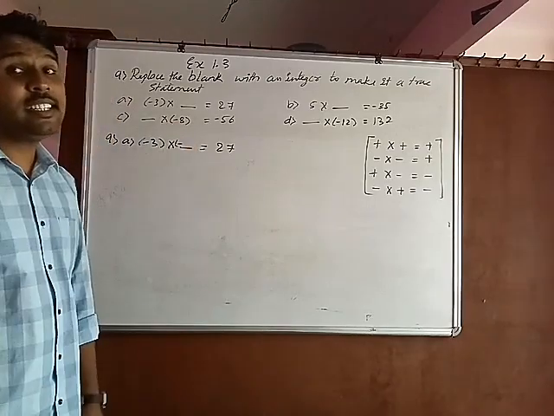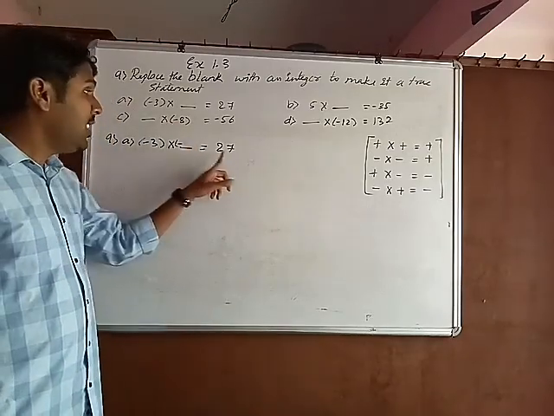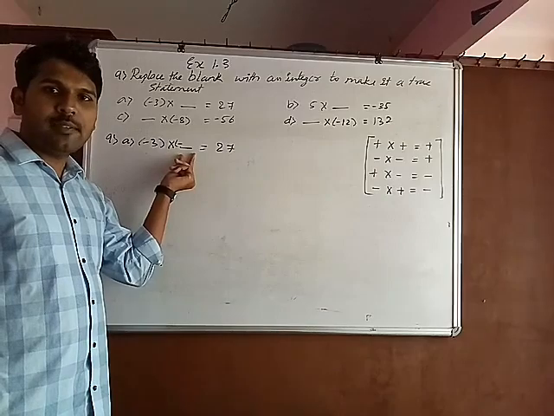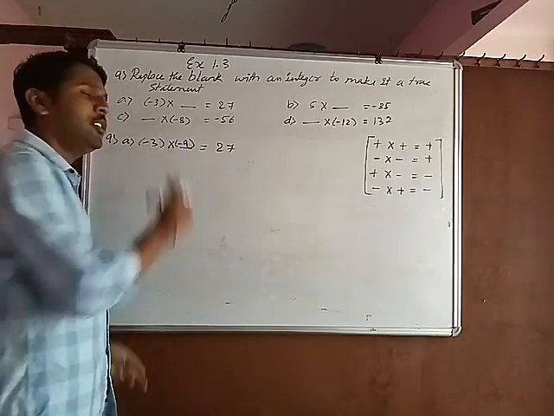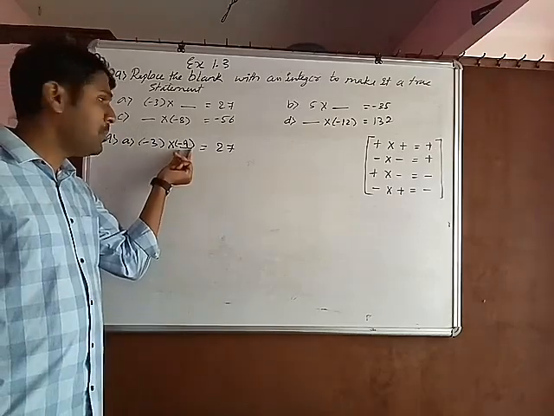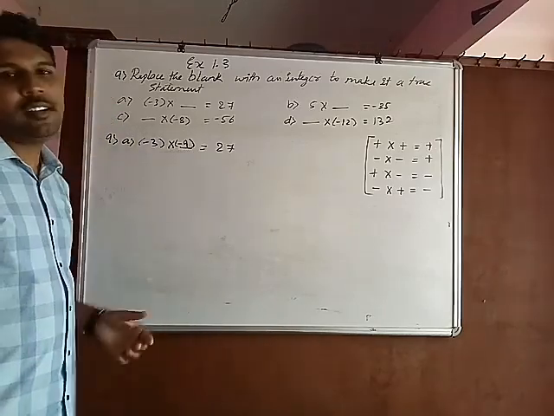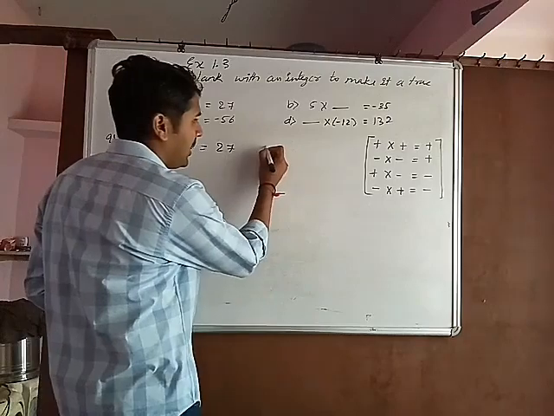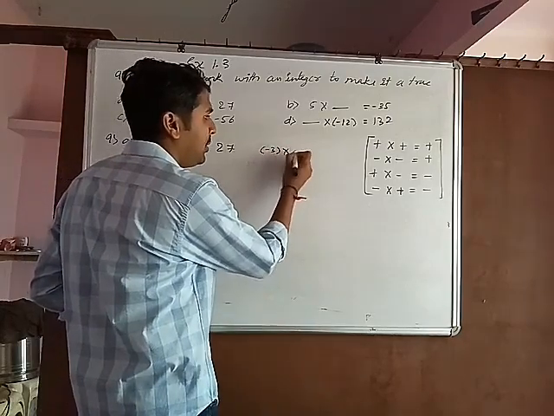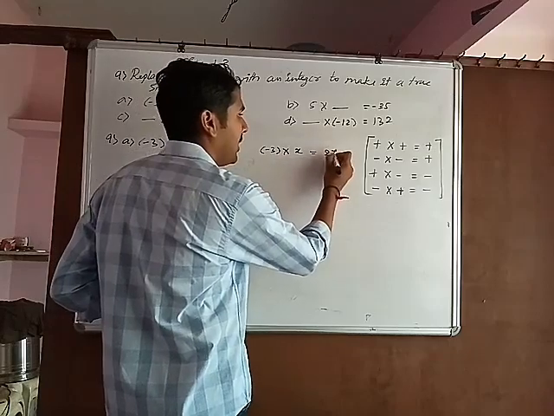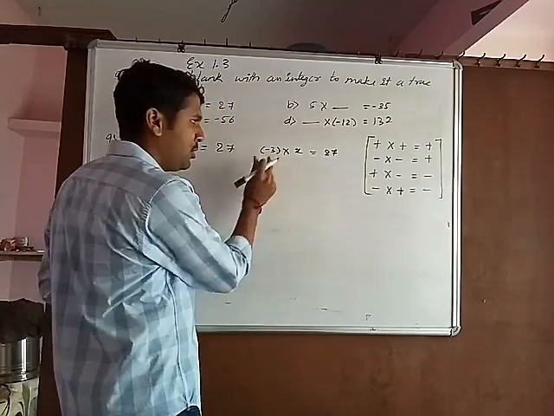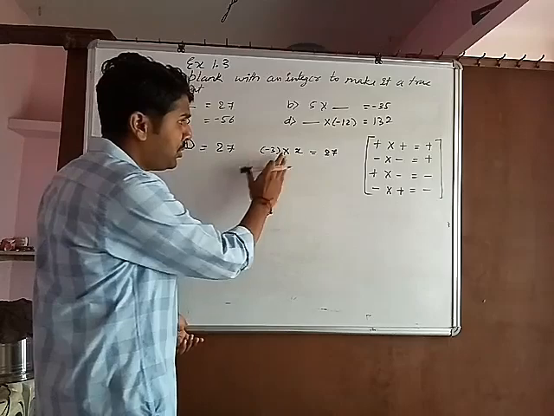So this one is minus. But what is that integer? 3 into which integer equals 27? 3 nines are 27, no? So what is that integer? Minus 9. Or otherwise, how to solve this one? Minus 3 into, take it as x, equals 27. Just shift minus 3 to right side.